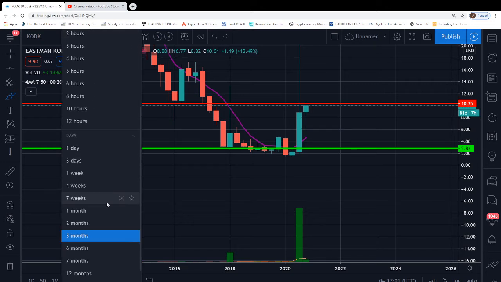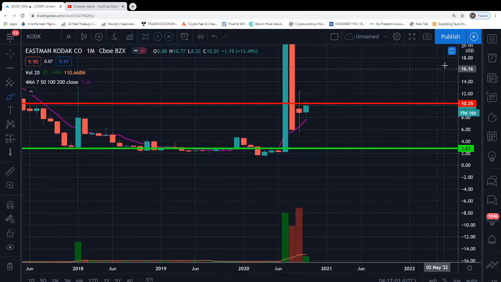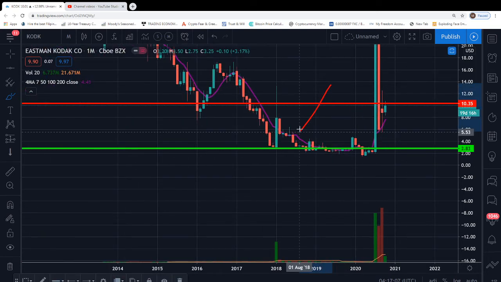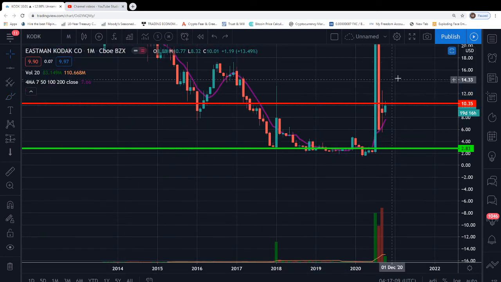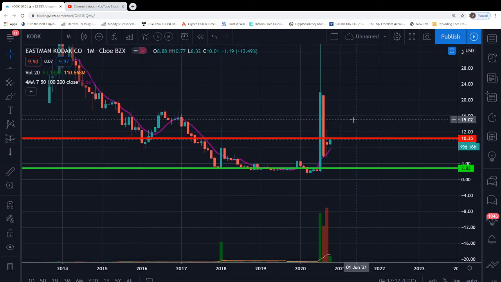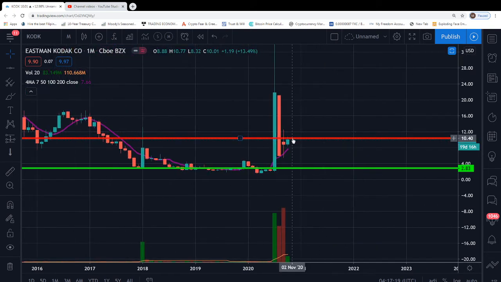Let's go down just one level, see if we can see anything else differently here. Yeah, so see what I mean? It went up, it had this extreme move all the way up to $60. Man, that was a very, very explosive move. But notice what happened the very next month. This candle closed below $10.35.